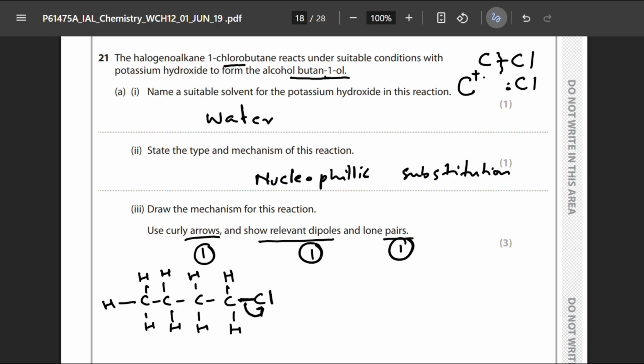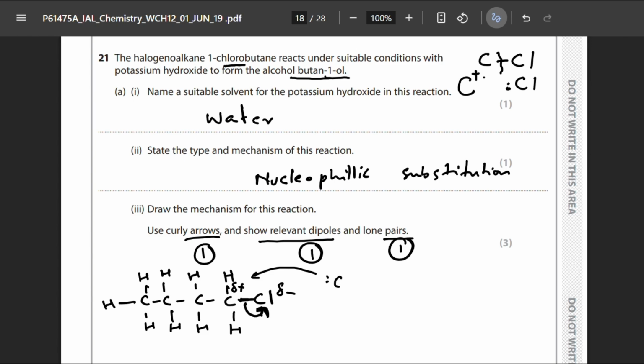So what happens when the bond between carbon and chlorine breaks? Both the electrons will be taken by the chlorine atom because this is heterolytic fission. As a result, chlorine gets a partial negative charge, and carbon gets a partial positive charge.